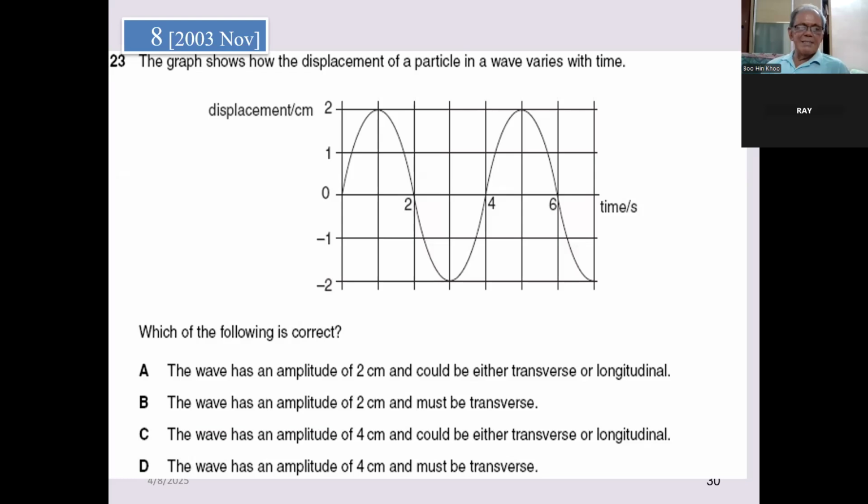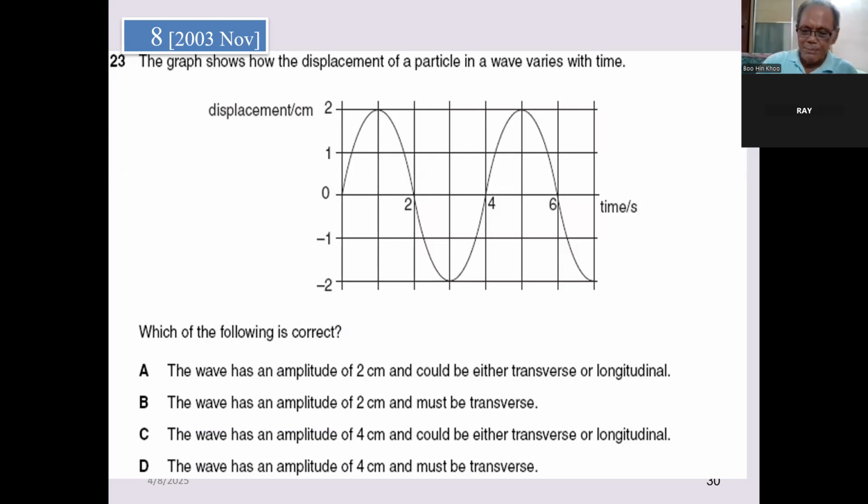Okay, what's the answer? Yep. E. Not necessary.